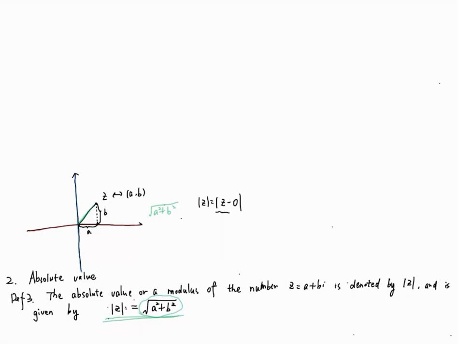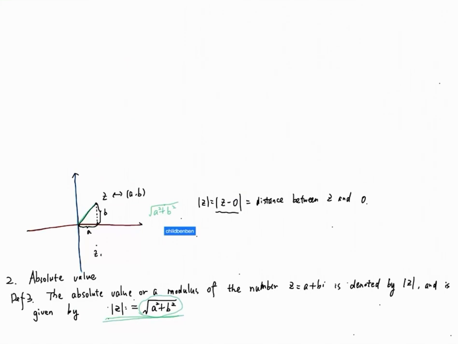So the geometric meaning is the distance between z and 0. Similarly, we can also give the distance between 2 points or 2 complex numbers.